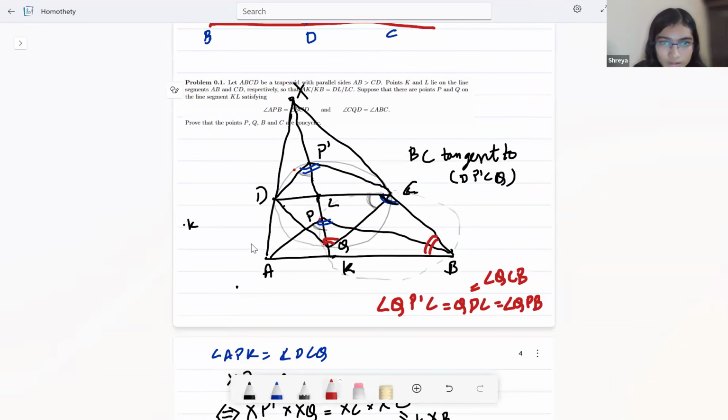So we had P prime, Q, C, and C cyclic because of tangency. We took P prime and one of the C's and applied the homothety to both of them. So P prime went to P and C went to B, and we got PQBC cyclic.